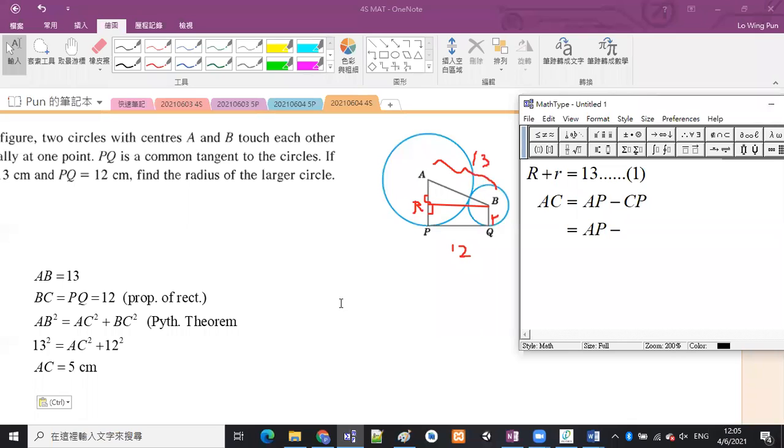And we have already found that AC is equal to 5 cm. So capital R minus small r should be equal to 5. Let me write it here: R minus r is equal to 5. And call this equation 2.